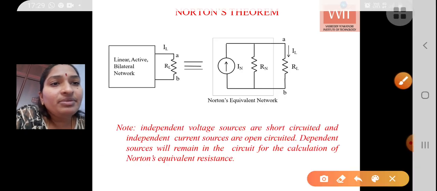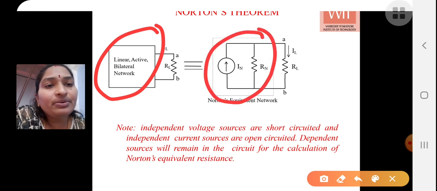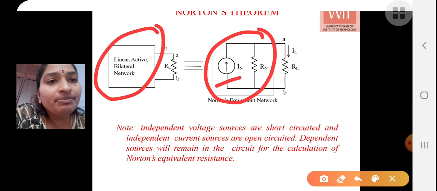Here this is the actual network, which can be simplified into a Norton's equivalent network, where a Norton's current source is in parallel with Norton's resistance.